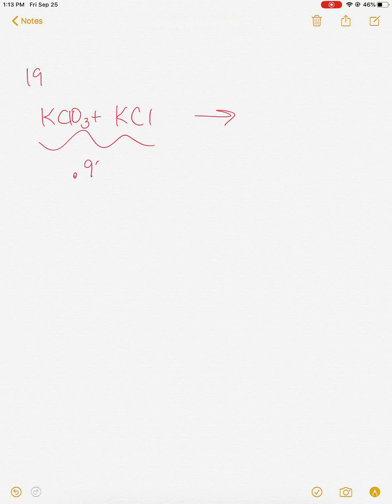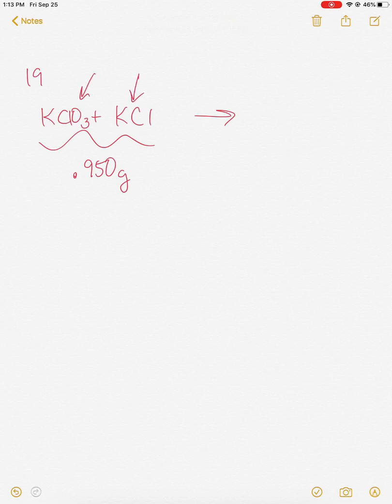Then you had number 19, and that was probably the more difficult one, KClO3 and KCl. Okay, so you had this mixture here, and the mixture altogether was 0.950 grams, but you don't know how many grams of this and how many grams of that.